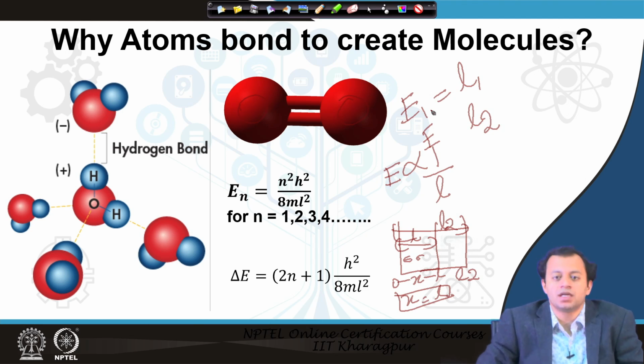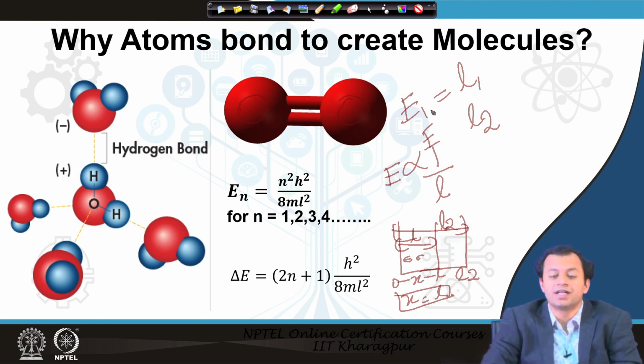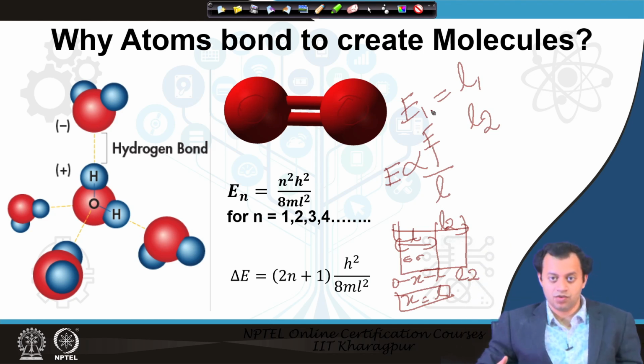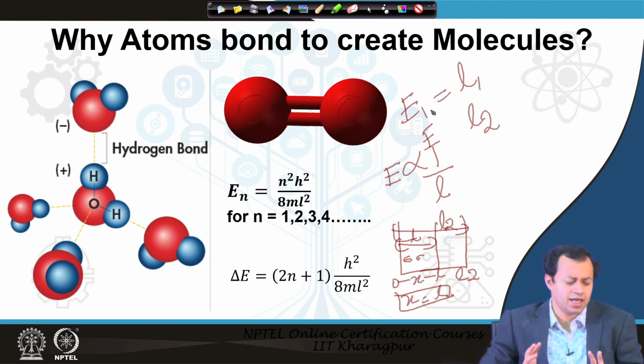Atoms are constantly looking to lower their energy, or any matter for that matter, pun intended. Anything wants to lower its energy. Atoms are constantly looking to lower their overall energy state. Whenever they form a bond, the length increases where the electron can move around and the overall energy reduces. That is one of the fundamental reasons for atoms to create molecules. Granted, there is something additional to it as well.